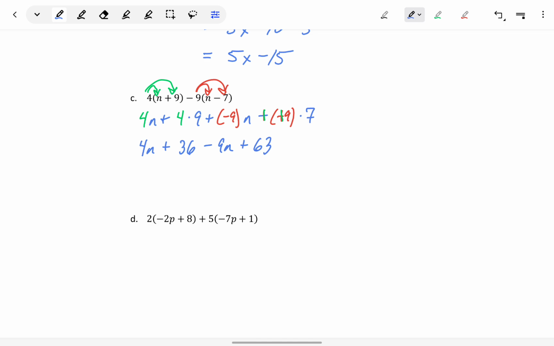Then we could look at reordering terms, or if we can do that more intuitively, we know that 4n and minus 9n would combine together to give us minus 5n, and 63 and 36 would add together to give us 99.